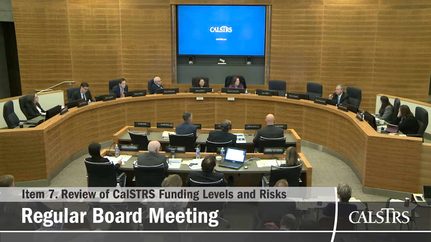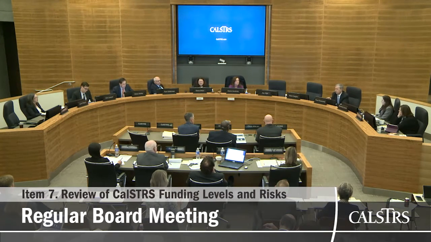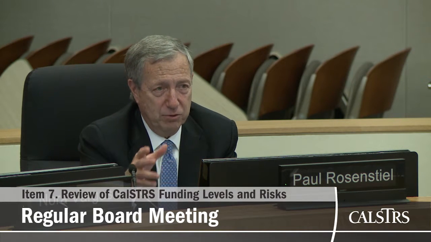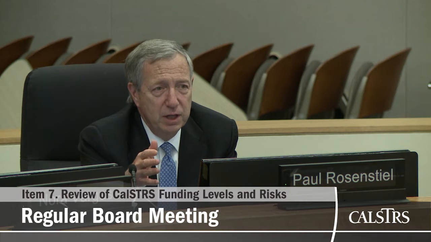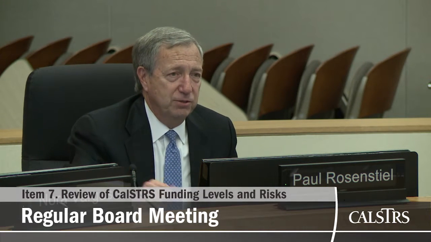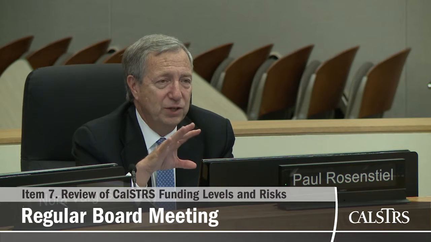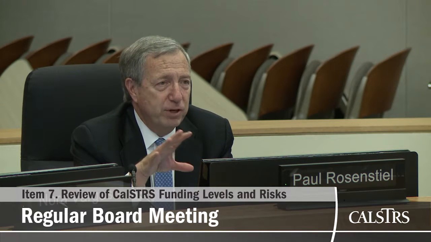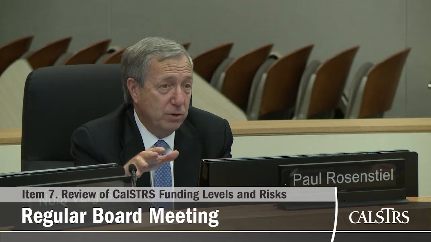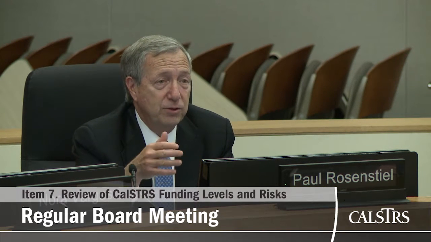So all of this was assuming 7.5%. Correct. And all of it was assuming as well that any contributions that this board had authority to implement, we would. So when we look at the experience study, and I'm not sure who this question should be addressed to, but are we going to see some of these risk measures at different actuarial assumptions other than 7.5%?